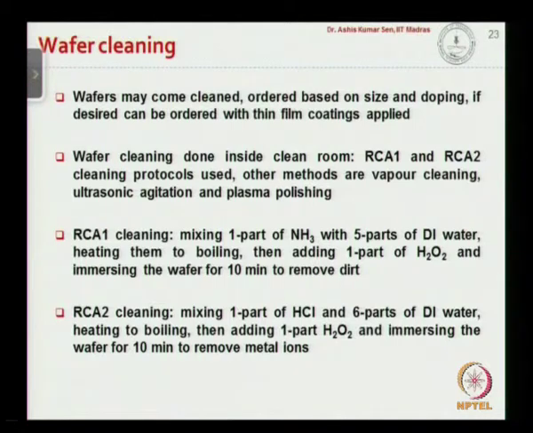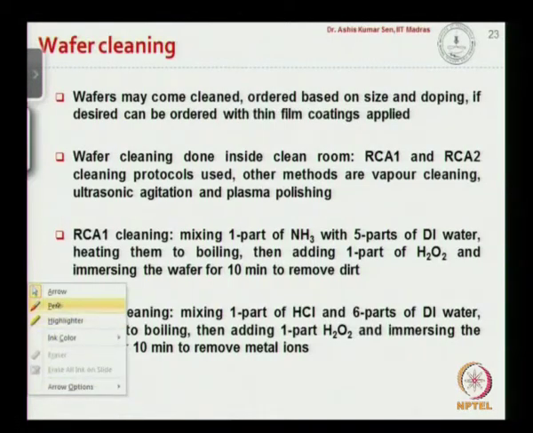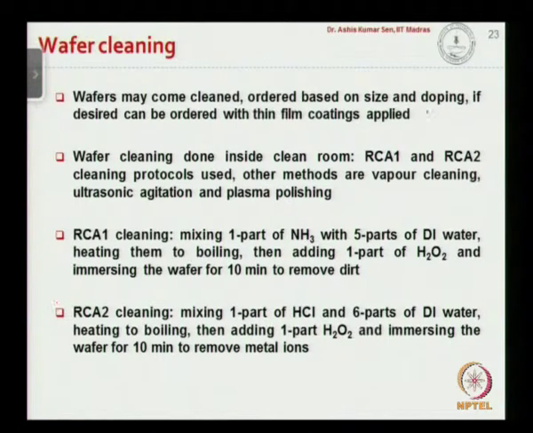Once we fabricate the mask and we have the wafer ready, the first step would be to clean the wafer. Some of the wafers that we can order from manufacturers already come clean, and we can order depending on the size of the wafer that we want. Also, in some cases if you are interested in the electrical properties, we can control the doping of the substrate that we order.